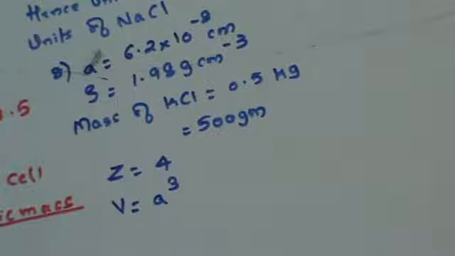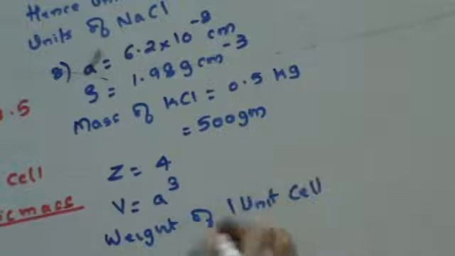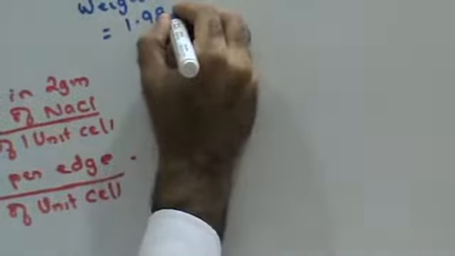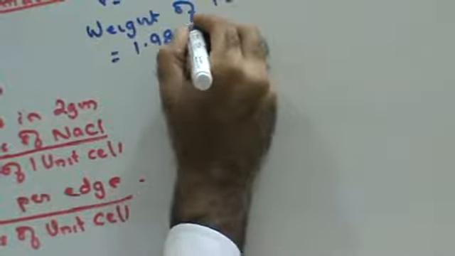First of all, let's find out weight of 1 unit cell. They said that density is 1.98, so mass is density into volume, right? So I can therefore get the weight of 1 unit cell, right?